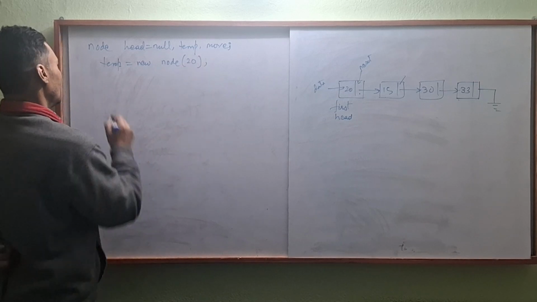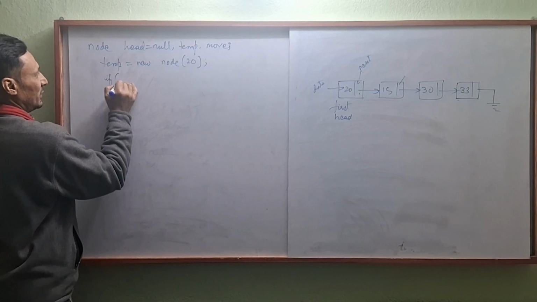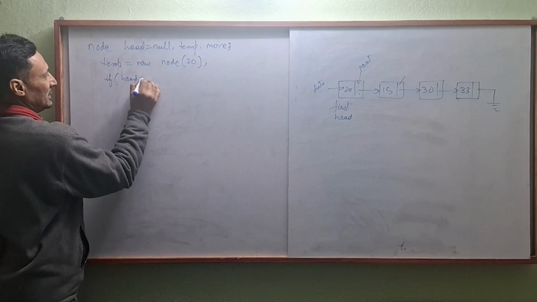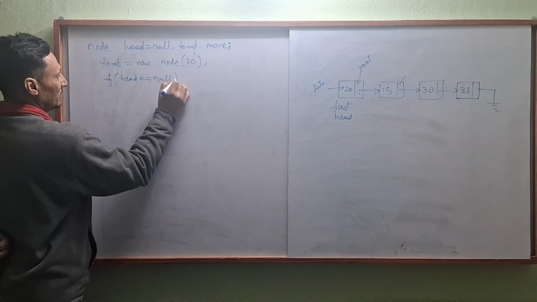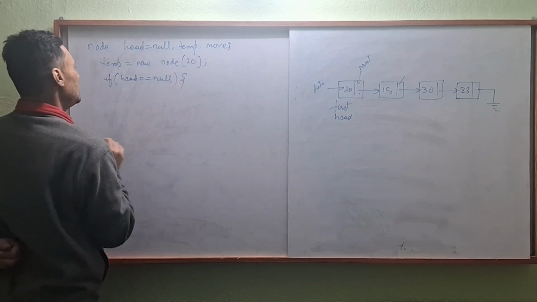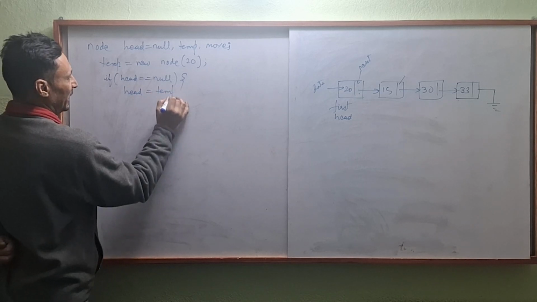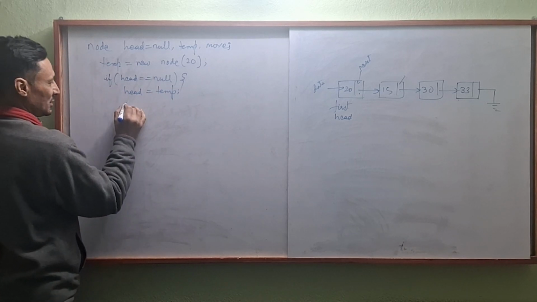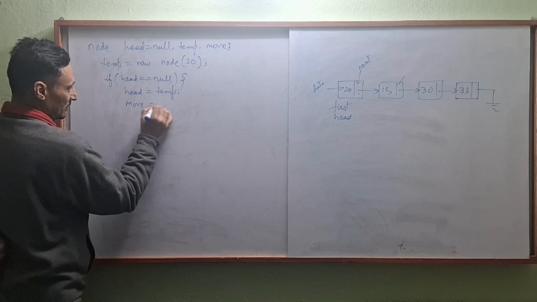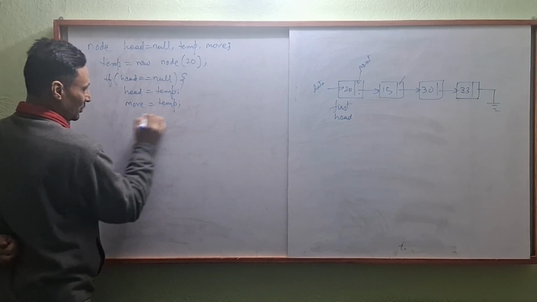Initially there is nothing, so we'll check if head is equal to null. Then what we do is we'll assign this temp to the head, and we'll also assign this temp to move, okay.